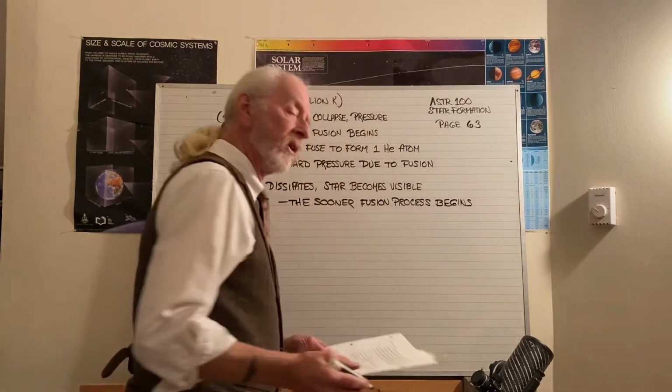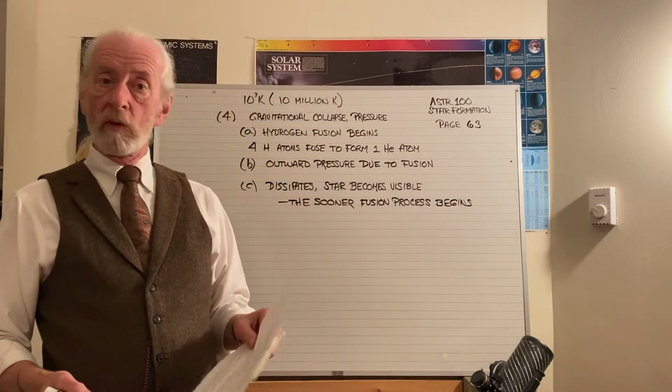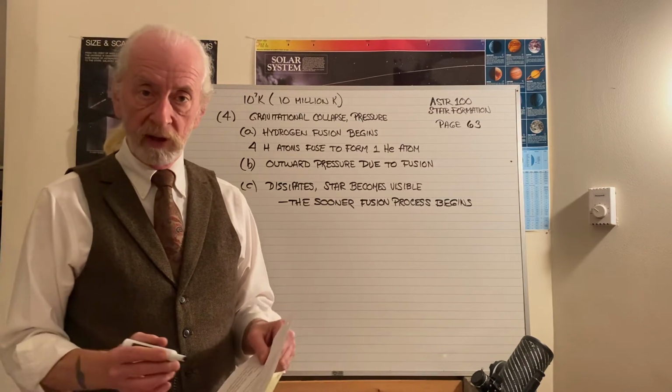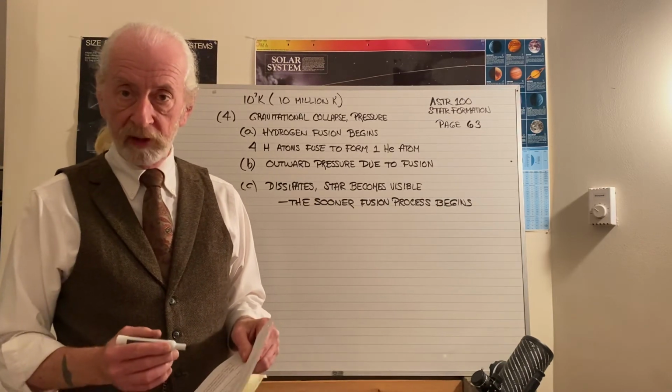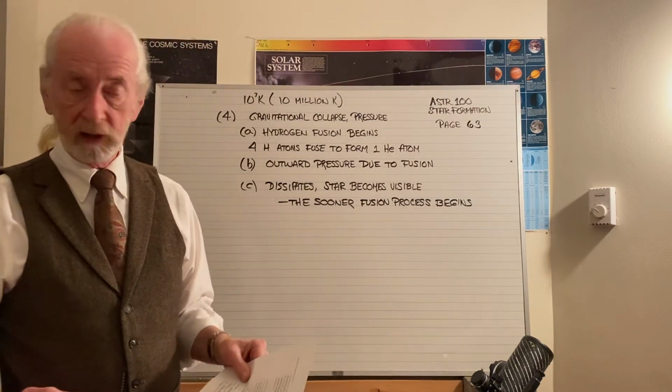If you have more mass, you have more gravity. If you have more gravity, then you have more pressure. And the quicker you get to that point of pressure that gets us to 10 million kelvins, the quicker we're going to get fusion. And the quicker you're going to get a star.